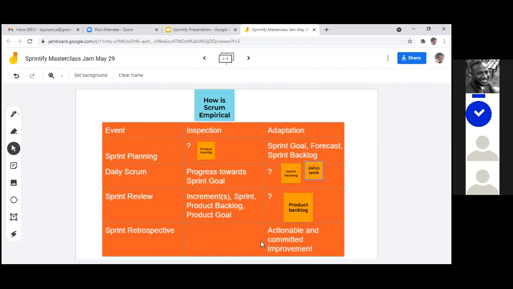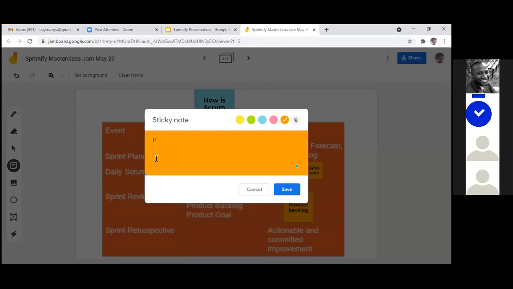Then the sprint retrospective, the adaptation is actionable and committed improvement. What are they inspecting? Their process. The sprint is what they are, and the process.